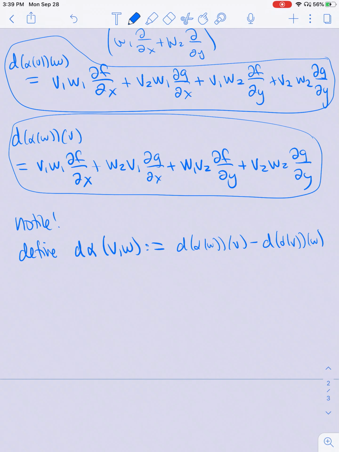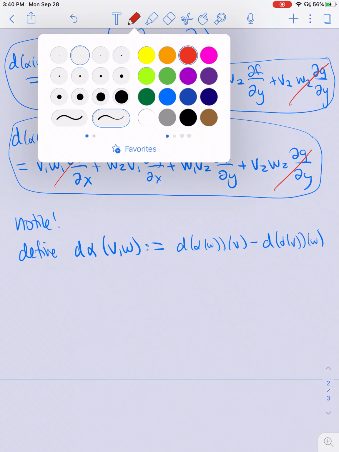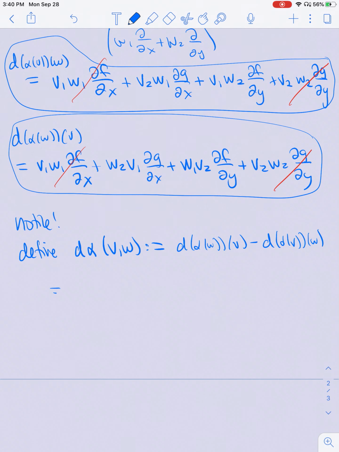So when I do that, each of the v1 w1 term and the v2 w2 term are going to cancel out. And what I'll end up getting in coordinates is going to be (w2 v1 minus v2 w1) dg dx plus (w1 v2 minus v1 w2) df dy.